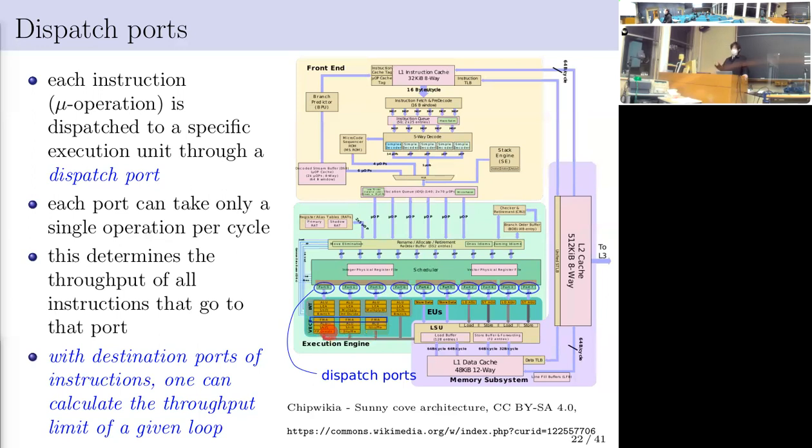So you can reason about the capability of the processor by looking at this dispatch port organization. To summarize, this dispatch port and execution unit picture, even if it is a very vague and abstract one, can determine the throughput of all instructions that go to that specific port, and all in all, the throughput of the entire processor.